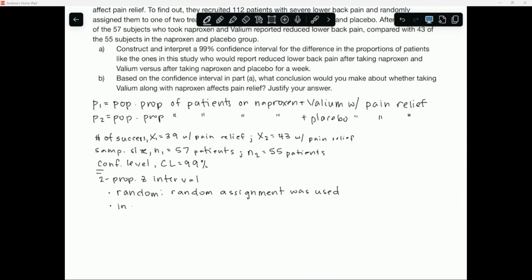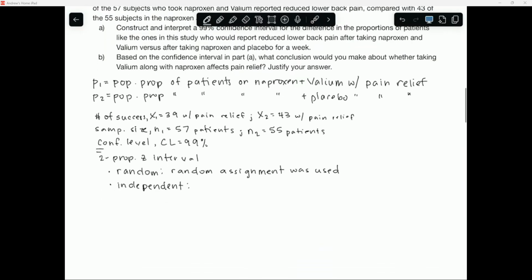Next is independent. So independent is the 10% condition for both.